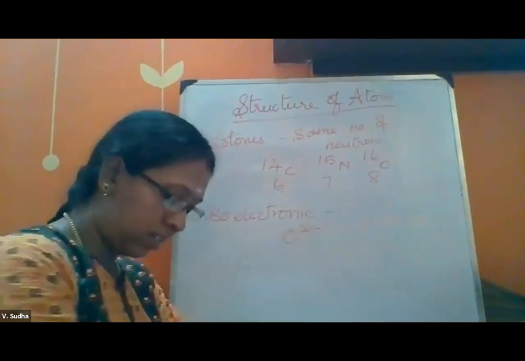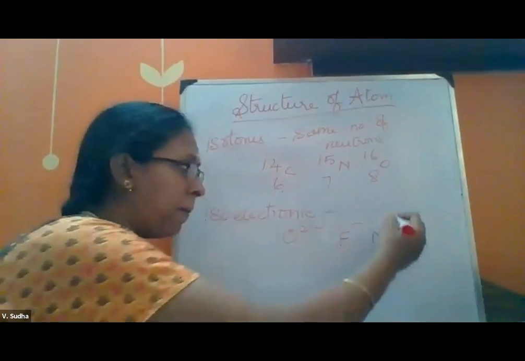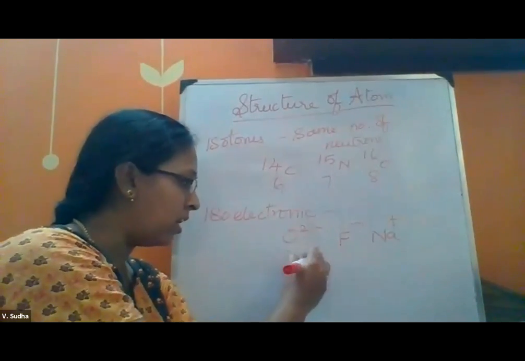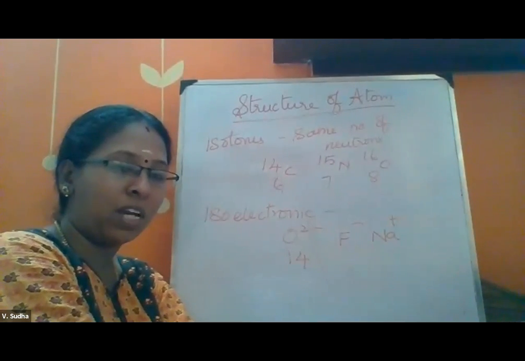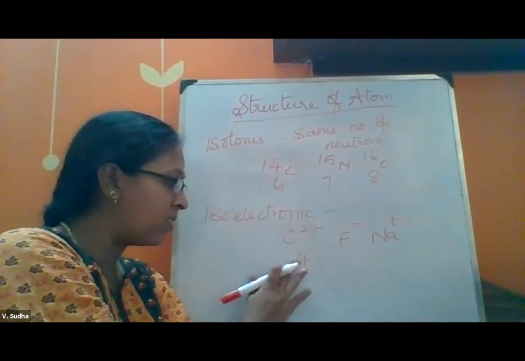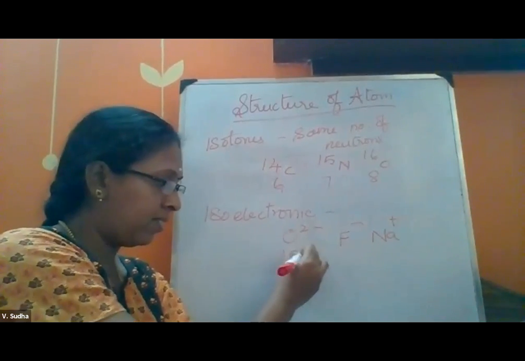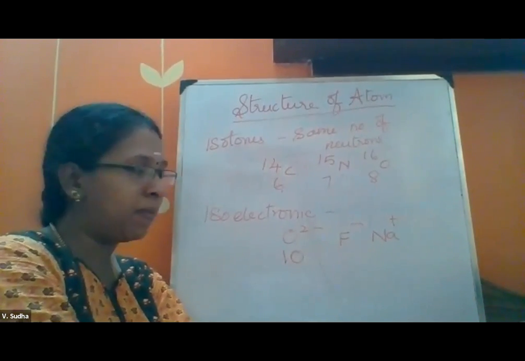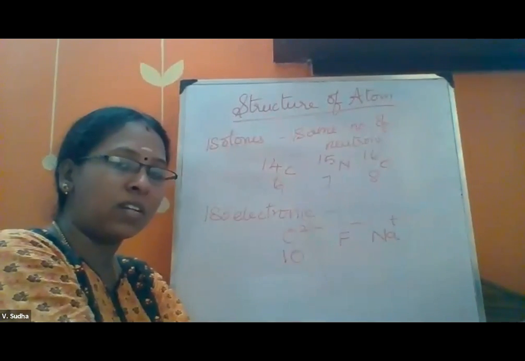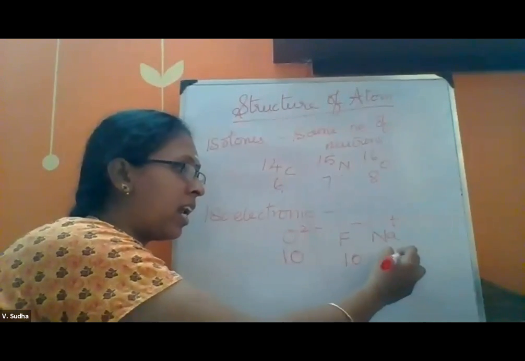For example O2-, F-, Na+. O2- means 8 plus 2, which is 10 electrons. F-: 9 plus 1, 10 electrons. Sodium: 11 minus 1, 10 electrons.